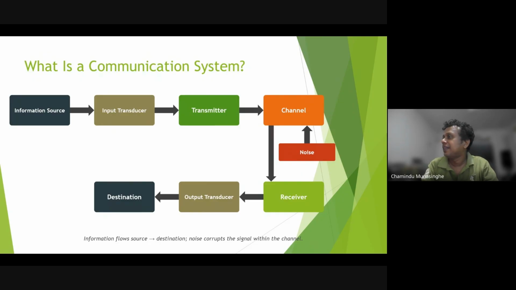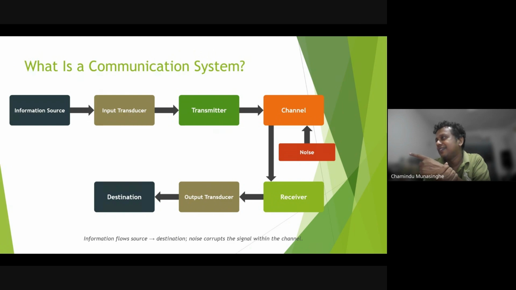Then we need to convert that to an electrical signal, so we use an input transducer. In the case of a walkie-talkie or a transceiver, we use a microphone. In the case of an image, we can use the CMOS or CCD sensor inside the camera to capture that. And then somehow we need to transmit that across.